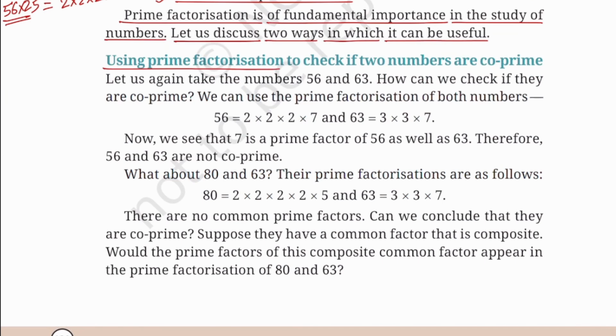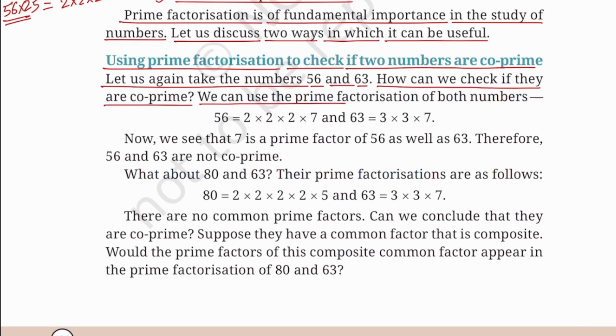Using prime factorization to check if two numbers are co-prime. Let us again take the numbers 56 and 63. How can we check if they are co-prime?